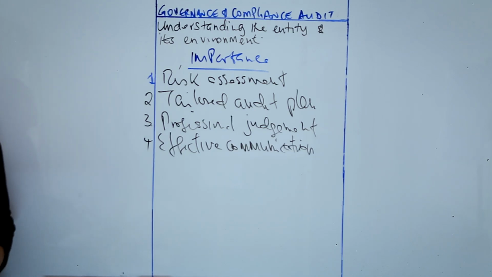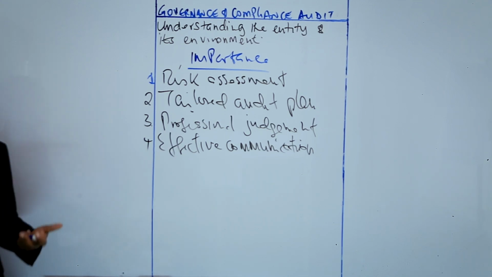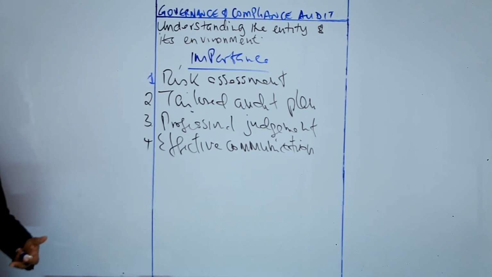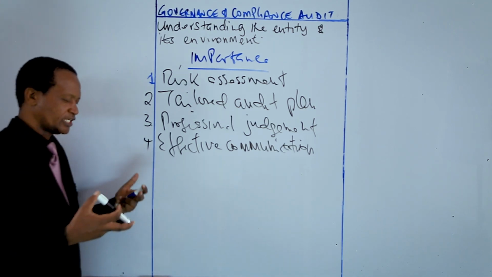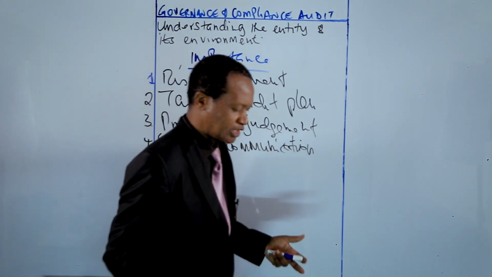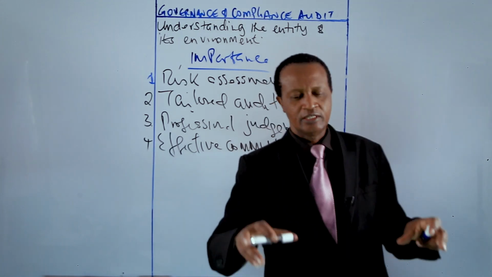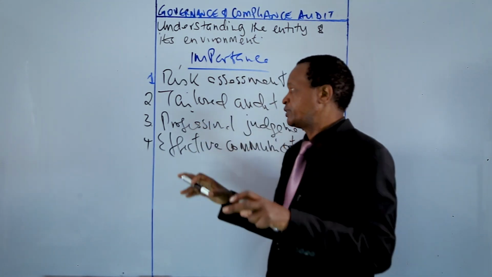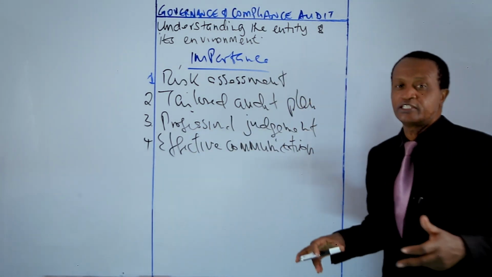It's important because the auditor's knowledge of the entity and its environment facilitates effective communication with management and other stakeholders. It also enables the auditor to speak their language, and also present findings in a way that is relevant and actionable. The auditor can only speak the language of the client after getting a proper understanding of the entity and its environment.